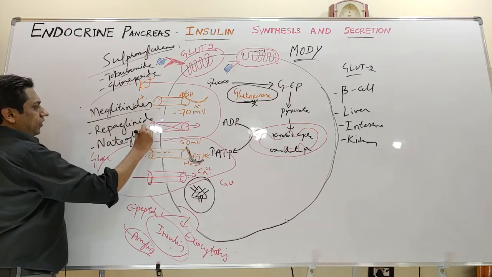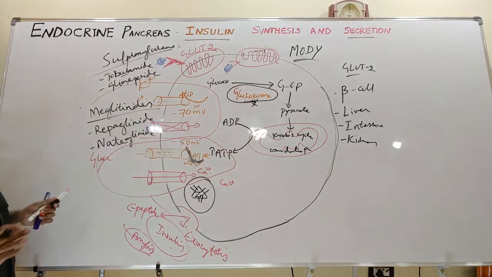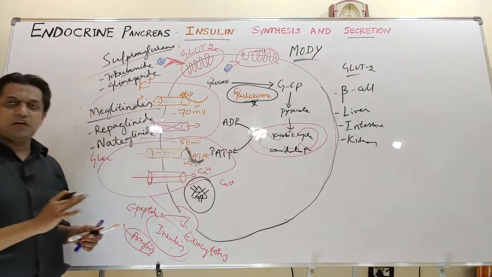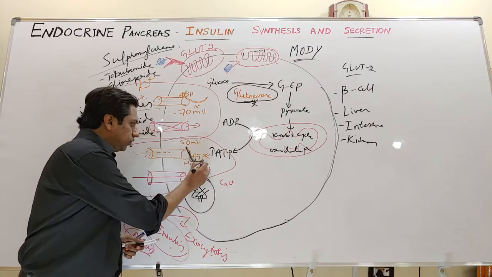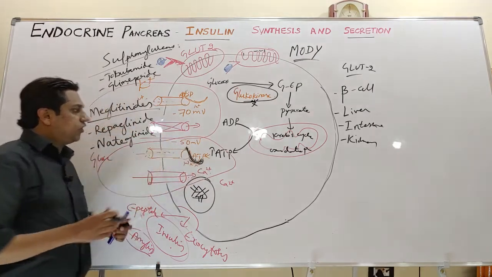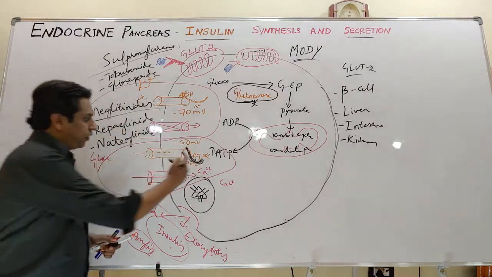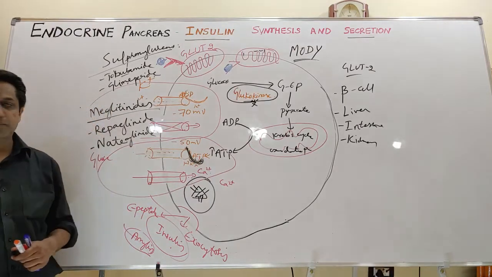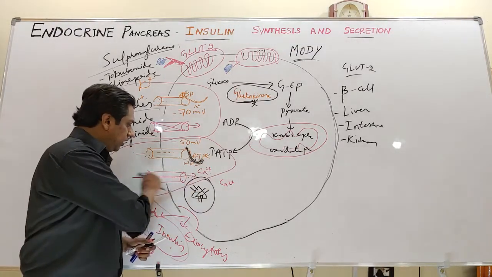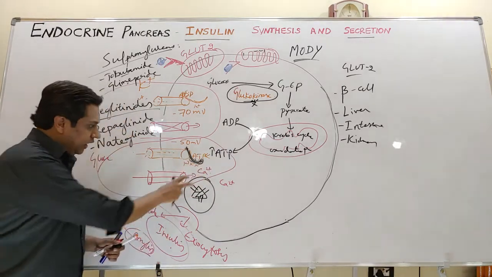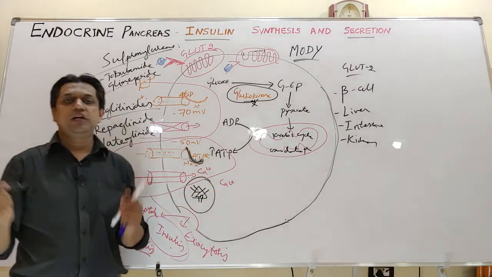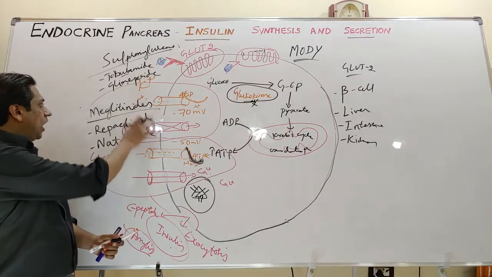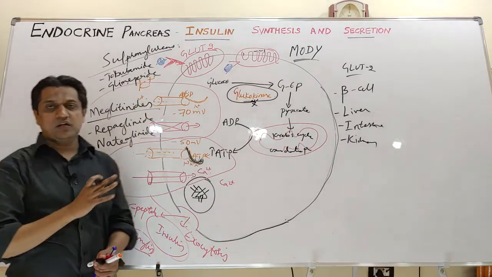Again, these drugs are used in type 2 diabetes mellitus. Again it will block these ATP sensitive potassium channels, and the potassium efflux is reduced, which causes depolarization of the cell membrane, and that will cause increased influx of calcium, and calcium will cause the insulin release. So this is how these oral hypoglycemic drugs will act.